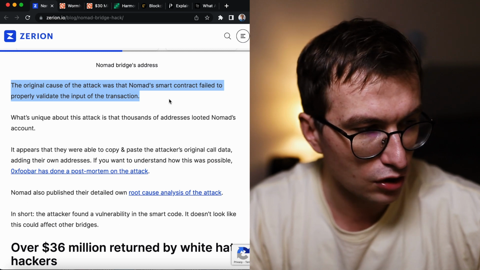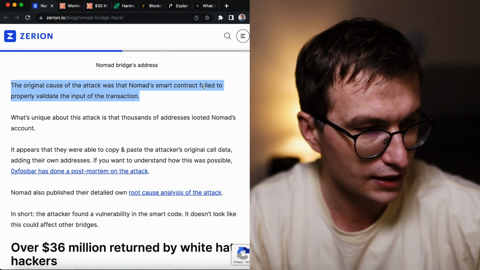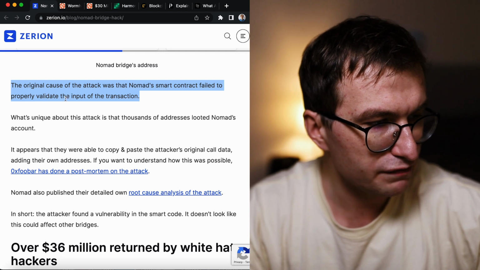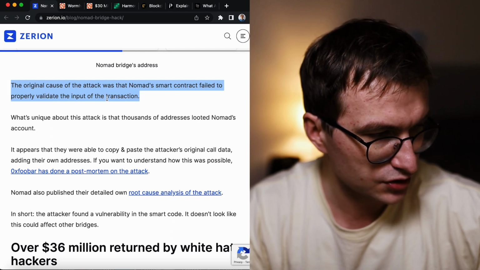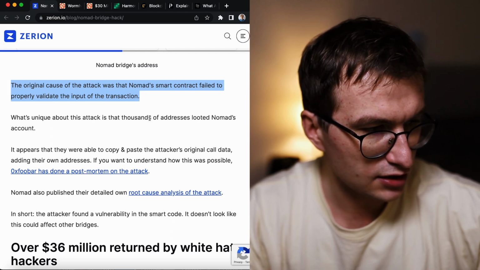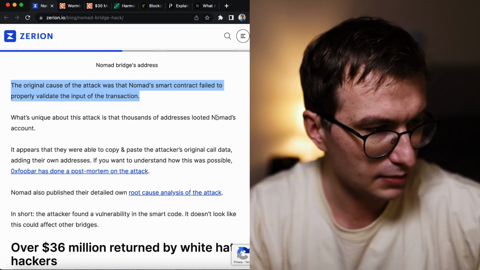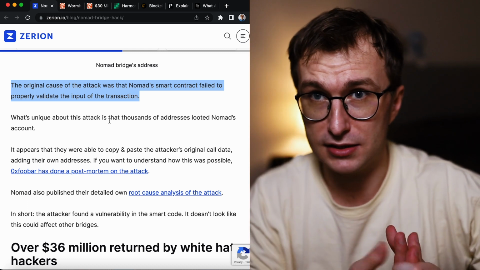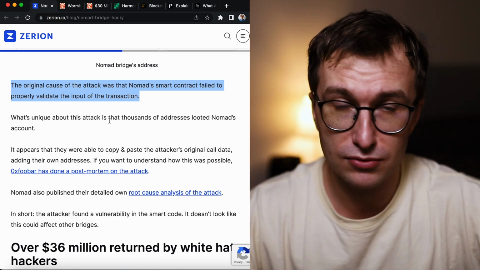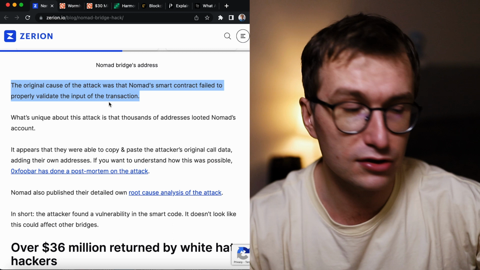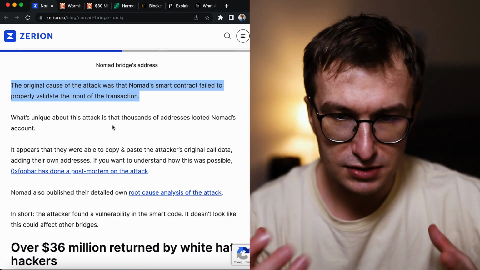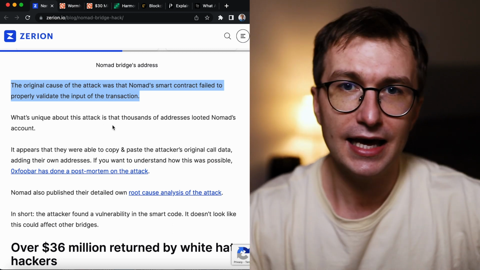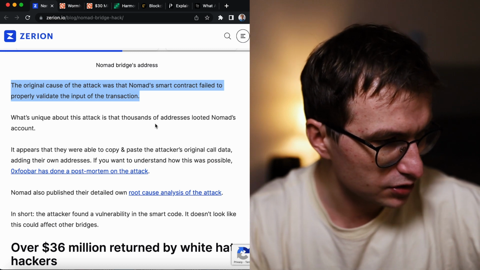The original cause of the attack was that the Nomad smart contract failed to properly validate the input of the transaction. What's unique about this attack is that thousands of addresses looted Nomad accounts. So this probably wasn't one hacker. Maybe there was one hacker, but he knew he couldn't do as much. So this was exposed and a lot of accounts started draining it, because the smart contract had a mistake and it allowed for the exploitation.